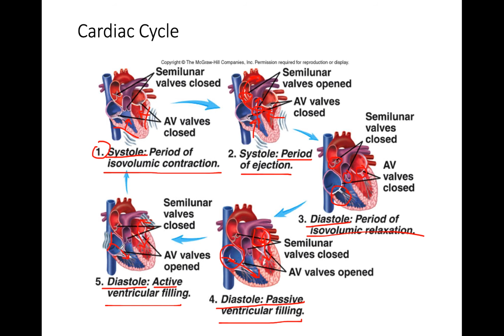So this filling phase is where the bulk of the blood goes from atria down into ventricles. And again, it's because the atria are finally contracting. And then we move back up to step 1, where we now begin the ventricular contraction. So 2 steps of diastole, 2 steps of systole, and 3 steps of diastole.